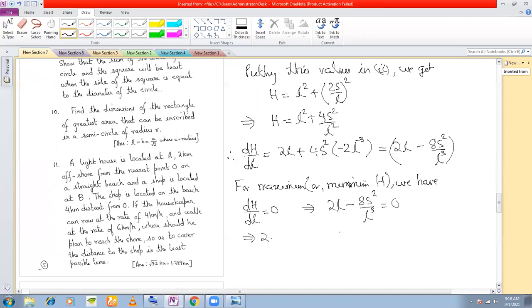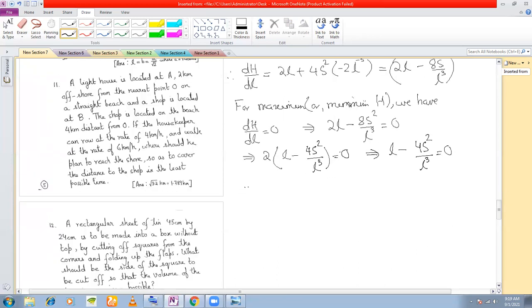That means 2L, we can take 2 common, 2 times L minus 4S square by L cube, not 8S square, is equal to 0. That means L minus 4S square by L cube is equal to 0. Now you can find the value of L from here. So L is equal to 4S square divided by L cube.